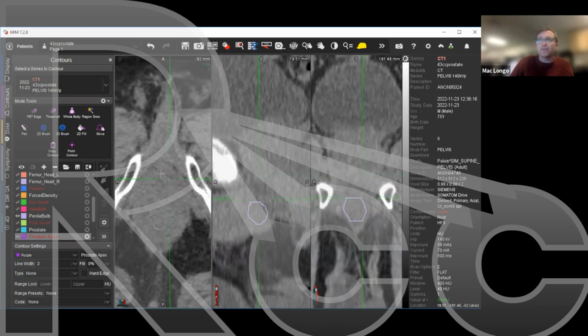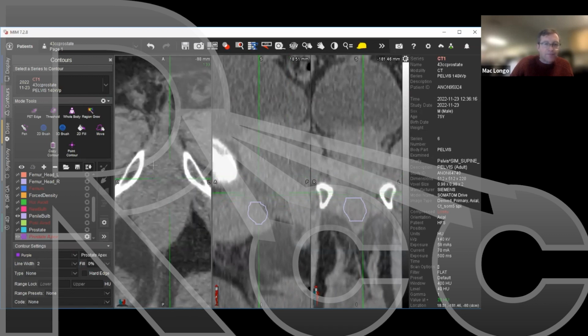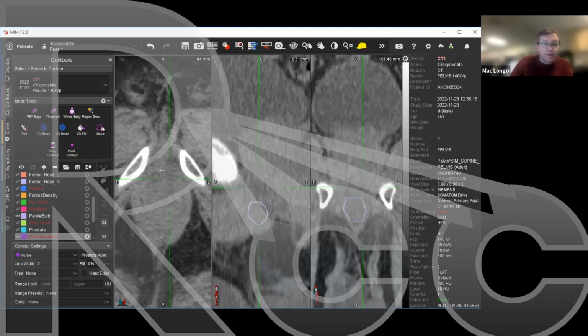And then we're looking to see a loss of fat plane. So here you see this dark fat there. And then we see a little remnant of fat. So here we're starting to see that fat plane obliterated. And that's really the start of the GU diaphragm. And as we go superiorly, we're going to start to see the circular structures of the urethra. And this clearly is the urethra as it's passing through the GU diaphragm.